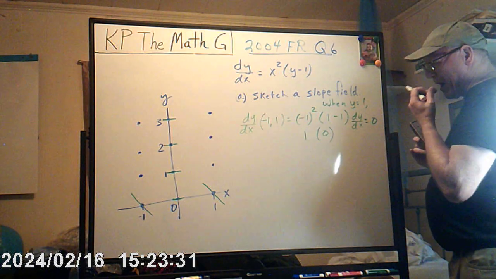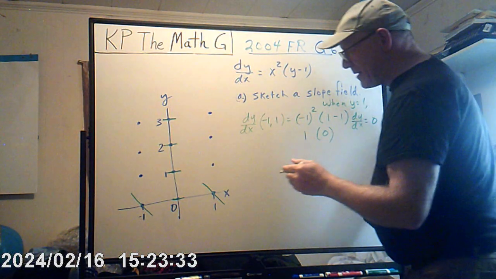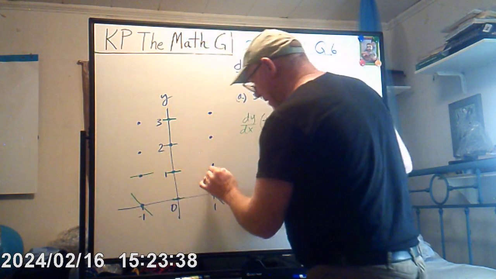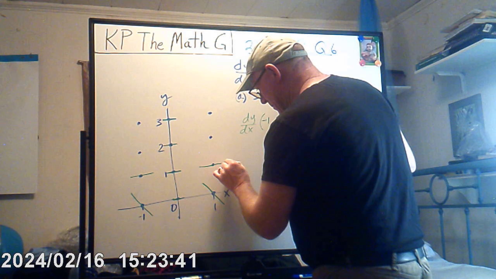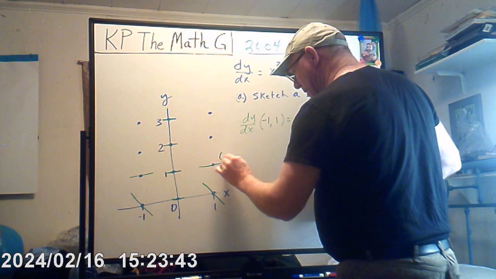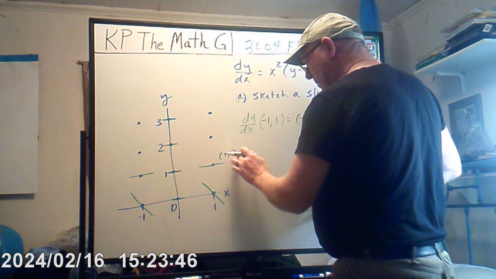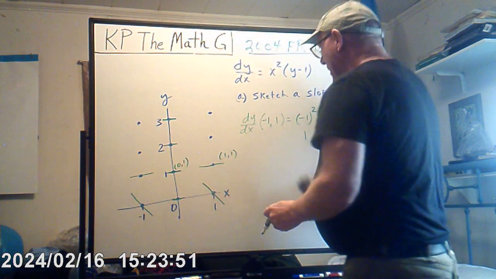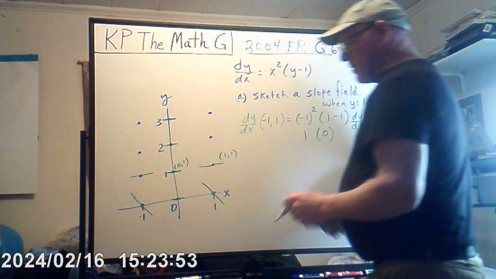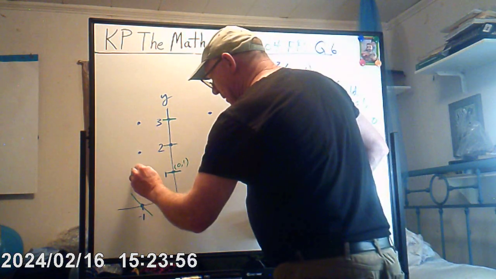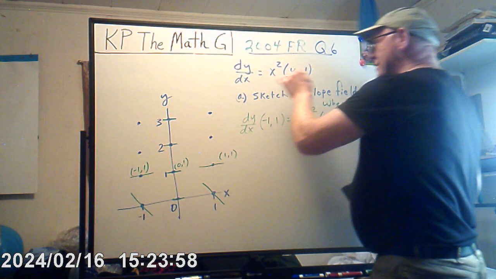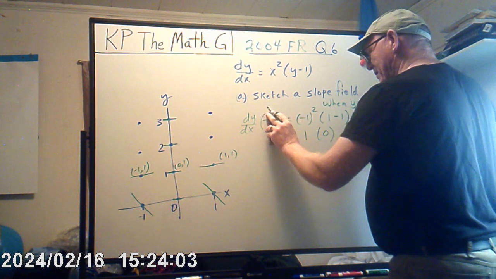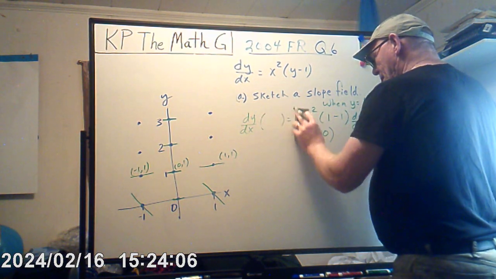So at y equals 1, the slope is 0. So not only am I going to put something here, but I'm going to also come over here. And remember, this is 1 comma 1, isn't it? You're plugging that in. That's all in the world you're doing. This is negative 1, 1. Plug that in and see what you get there. The slope is 0. This is representative of the slope.